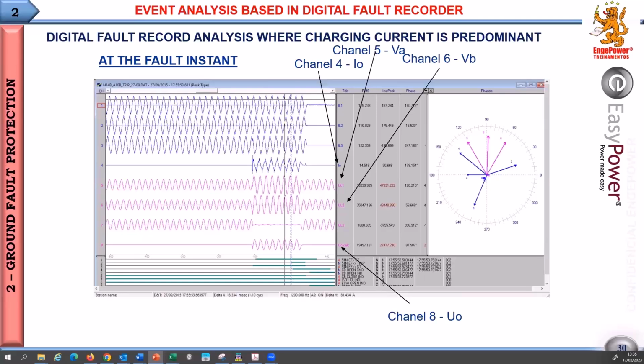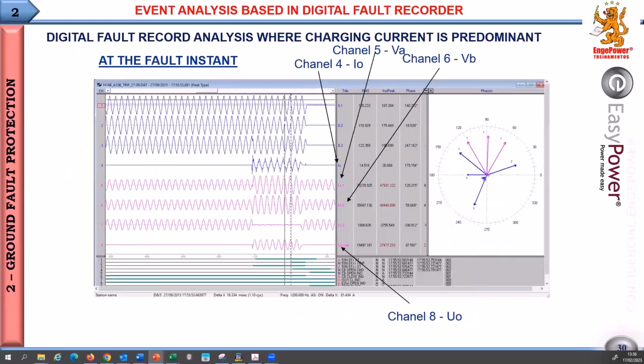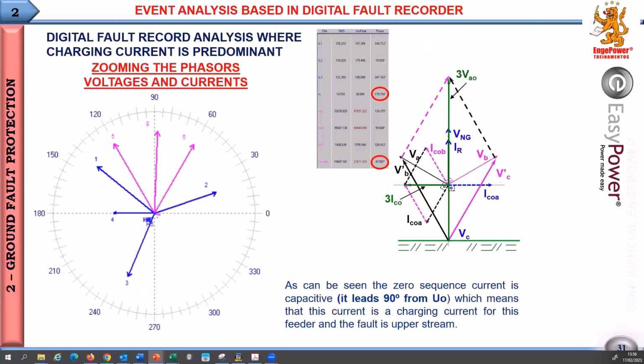Taking a closer look at the vectorial diagram, what we see here, channel 8, is the 0 sequence voltage, at almost 90 degrees, as we showed in the vectorial diagrams in previous slides.